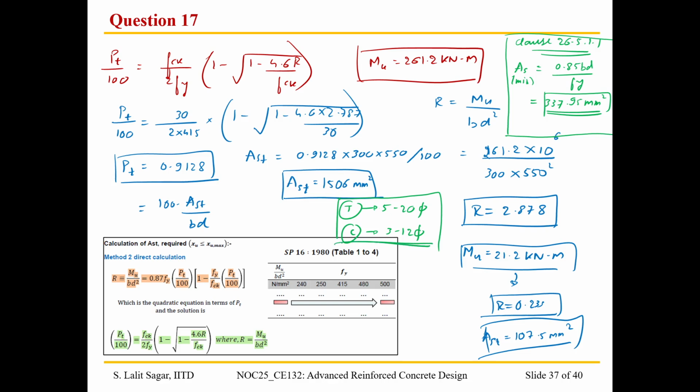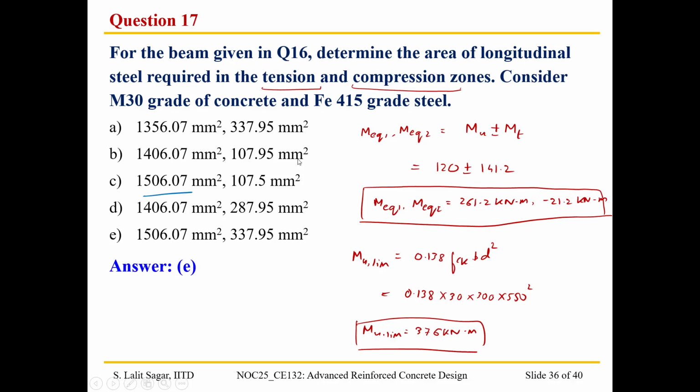So Ast minimum in the compression region is 338 millimeters square. So option E is the correct response.